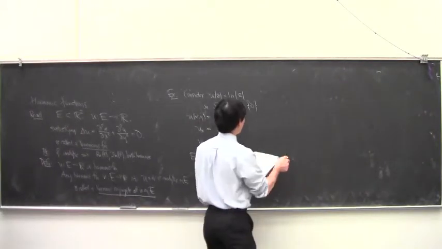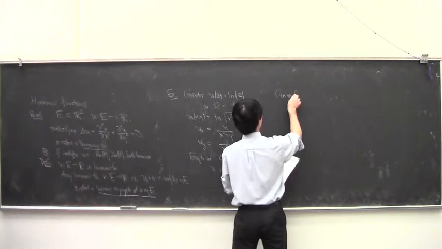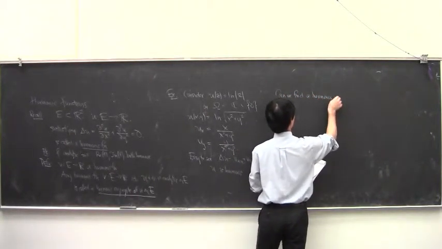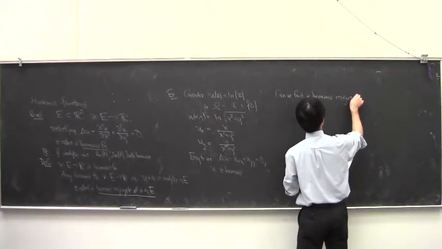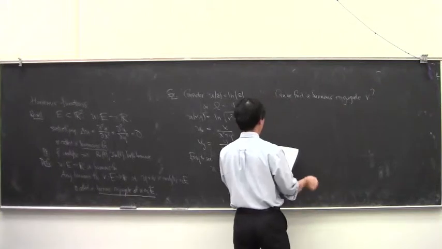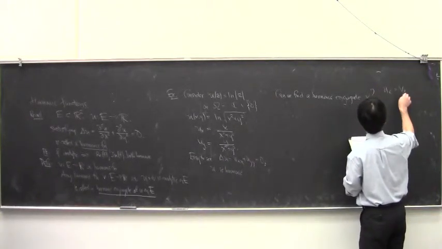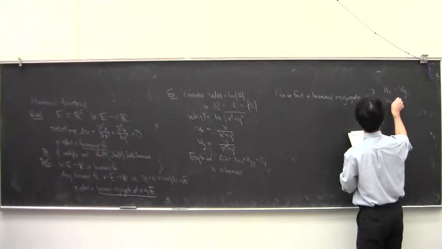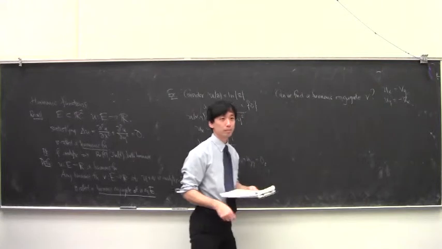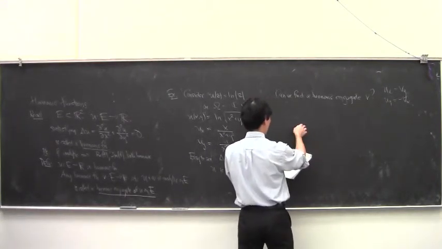Okay. So now, can we find a harmonic conjugate? What would we need? Of course, we need u sub x equal to v sub y, and we need v sub x to be negative u sub y.